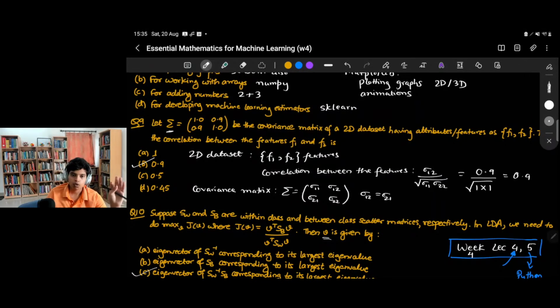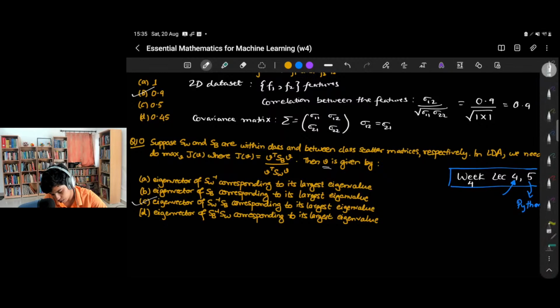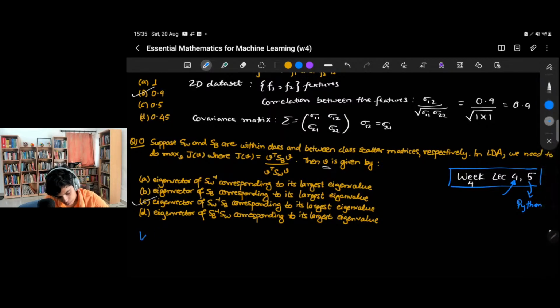It is one thing to know the maths, and after knowing the maths, you need to apply it also. So week 4, lecture 3 and lecture 5, both of them are for Python implementation.